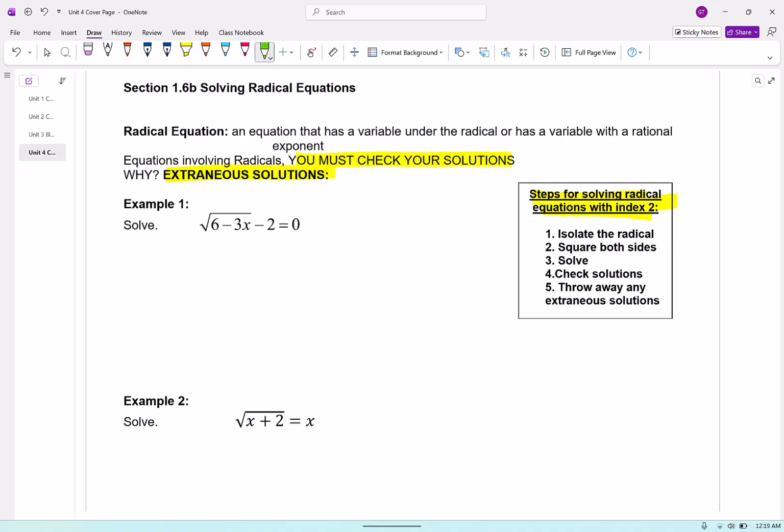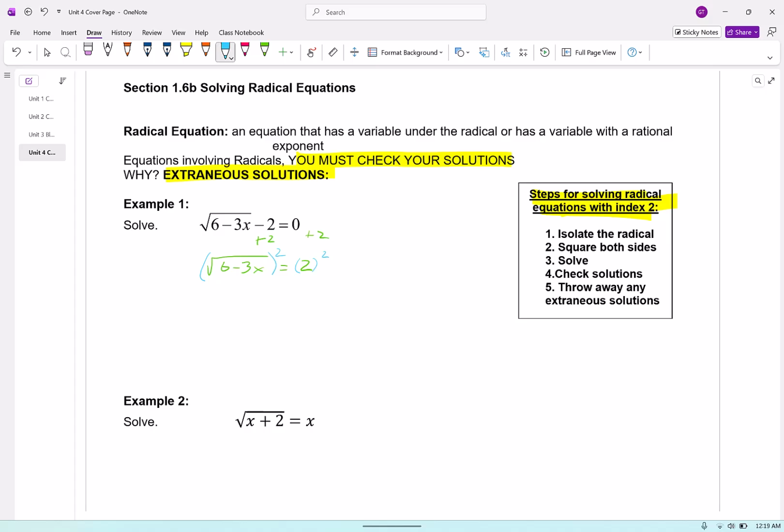All right, so the first thing it says to do is isolate the radical. All that means is that I just want the radical by itself, so I'm going to have to add 2 to both sides. Okay, so I rewrite this as the square root of 6 minus 3x equals 2. So that's isolating. Then I'm going to square both sides.